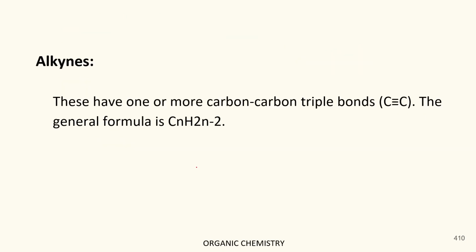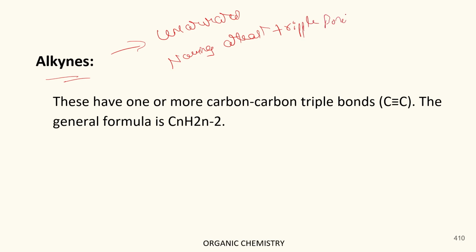Now let's move forward. Next is alkyne. Alkyne is also unsaturated and having at least triple bonding. At least triple bonding must be there so that you can declare it as an alkyne. The formula is CnH2n minus 2.